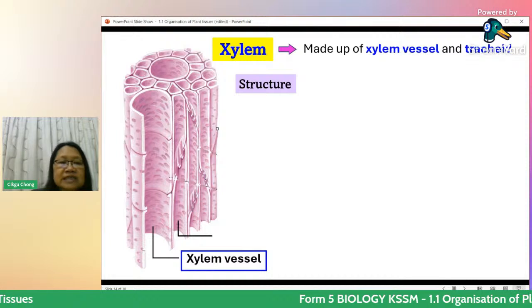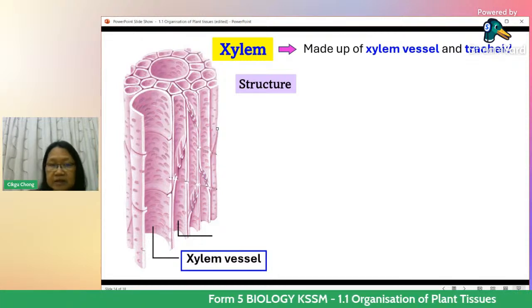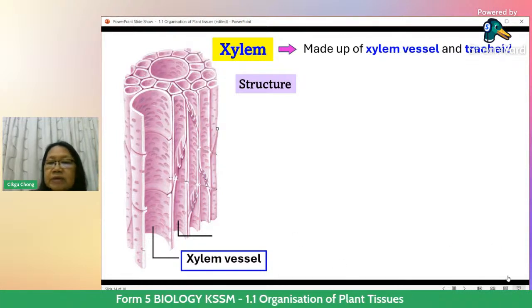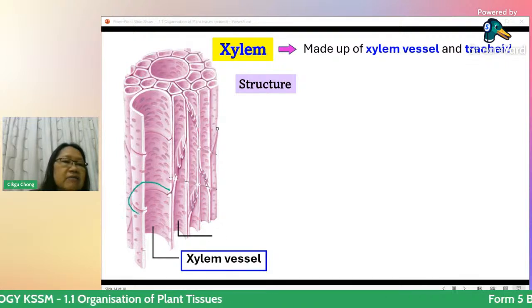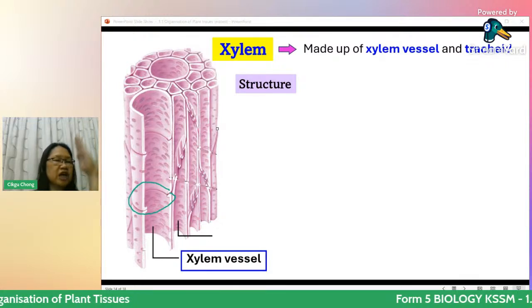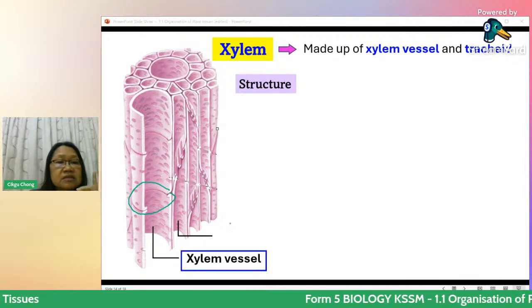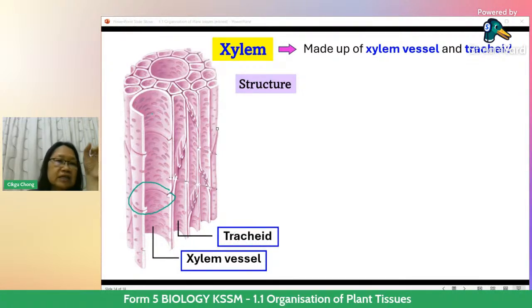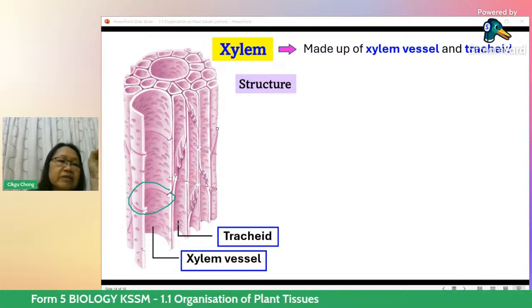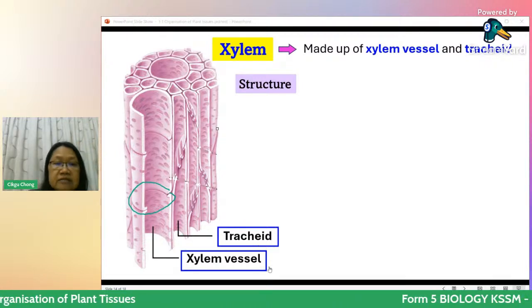So, structure. Xylem vessel has a bigger diameter, and more importantly, you will see that the ends are flat. They are not sharp, not pointed. Whereas the other one, called trachea, has a smaller diameter, and you can see that the ends are pointed.